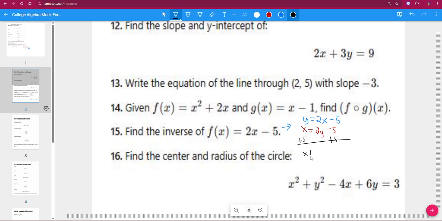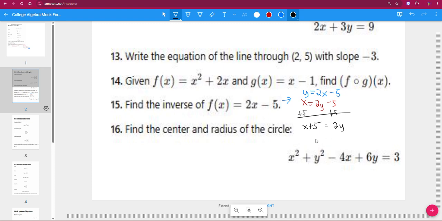So x plus 5 equals 2y. Then if I divide by 2 on both sides, I'll have x plus 5 over 2 equals y. And then remember, the final step is when I have y by itself, I write it as f to the negative 1 of x. That's just the notation for inverse. So x plus 5 over 2 is the inverse.